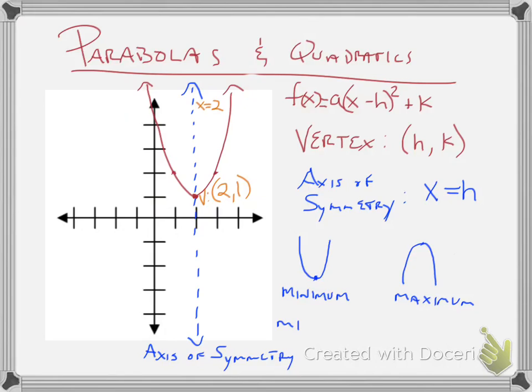And the value of the min or max is going to be the y value of the vertex, or the k.